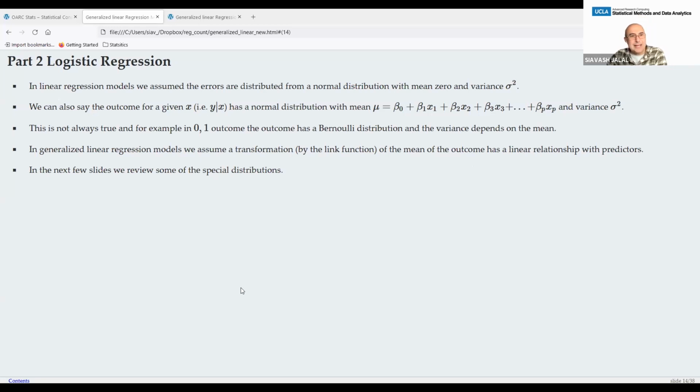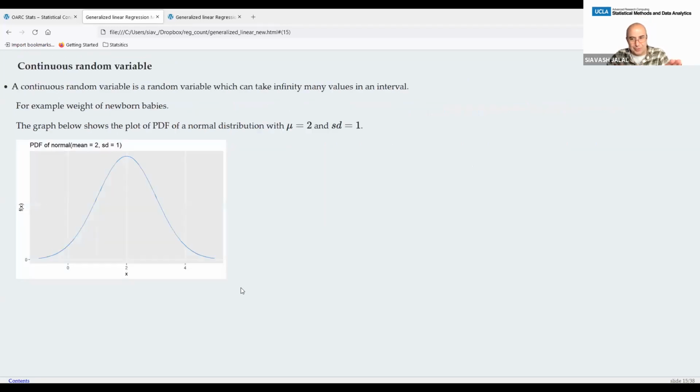So let's look at those randomness, right? Before that, let's look at some distribution. This is the continuous random variable. In a continuous random variable, every single value has a weight of possibility.